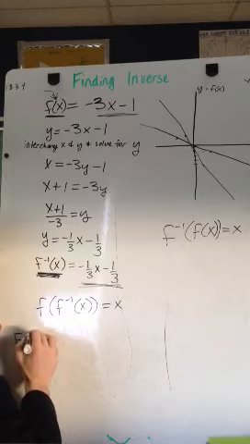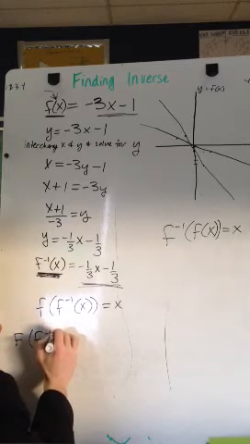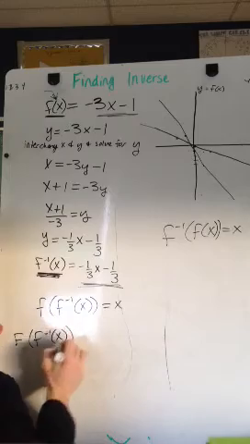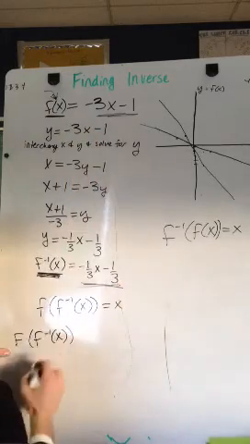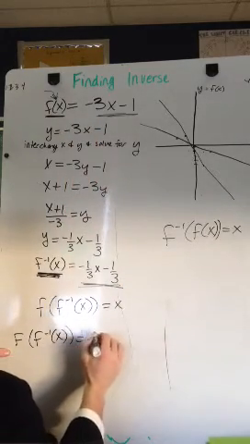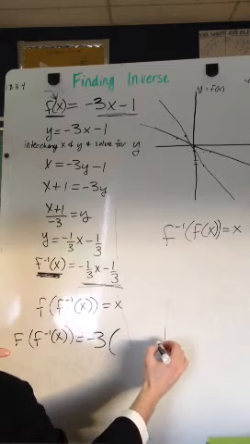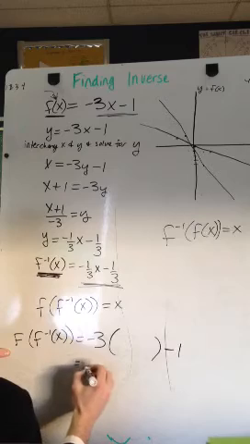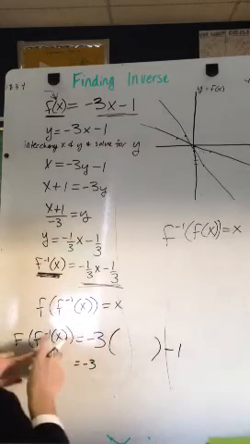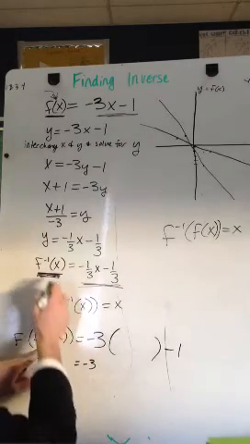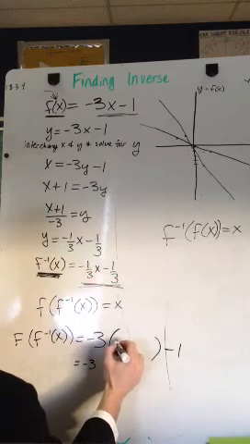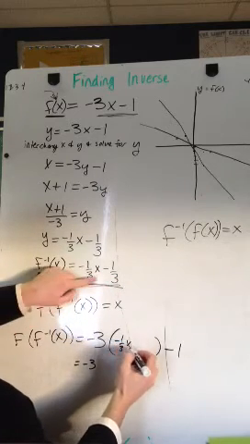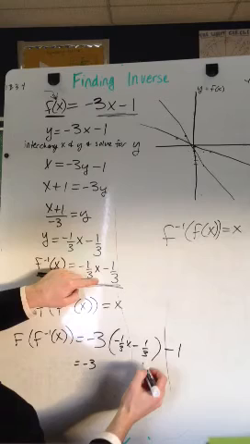F of f inverse of x, we have to use our f function, so it's going to be -3 times whatever we're plugging in, minus 1. What are we plugging in? We're plugging in f inverse of x, which is this equation here, -1/3 x minus 1/3.